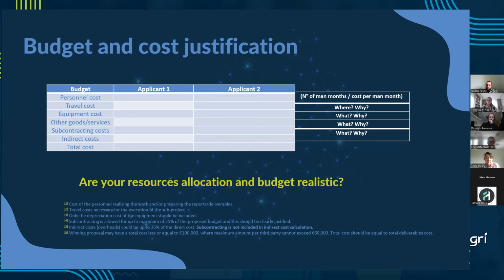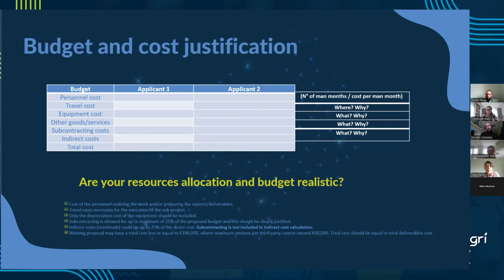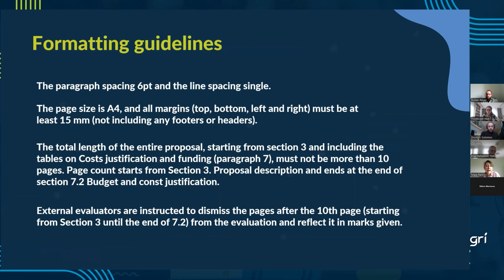A winning proposal may have a total cost less than or equal to 100,000 euros, where one partner cannot receive more than 60,000 euros. And yeah, there are some formatting guidelines.